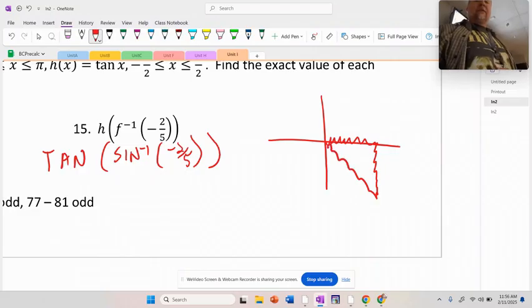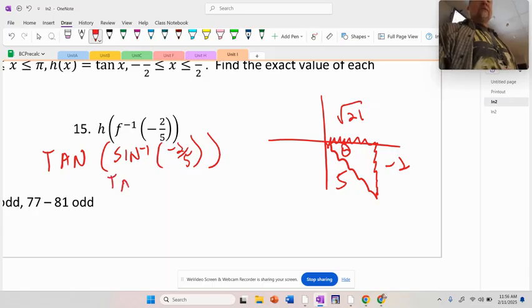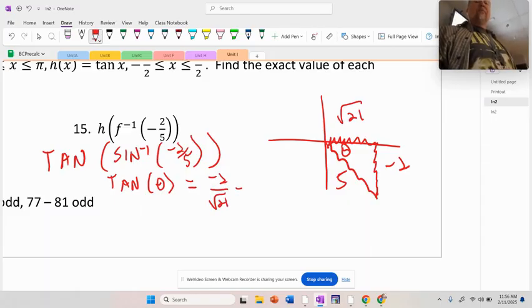Since I have colors, I'm going to make this a shaded thing here. This is negative 2. This is 5. 2 squared is 4. 5 squared is 25. 25 minus 4 is 21. Square root of 21. So then what's tan of this mystery angle measure? Just accessing those sides. And tan is y over x. So negative 2 over root 21, which is negative 2 root 21 over 21.